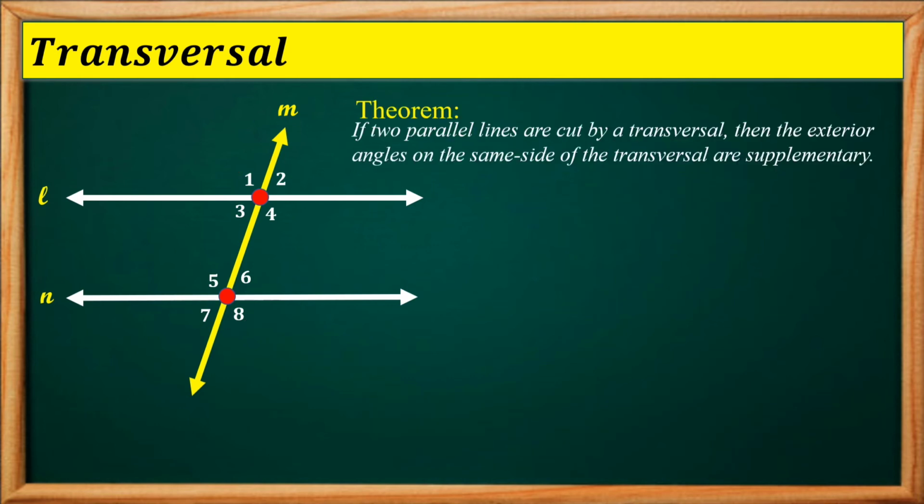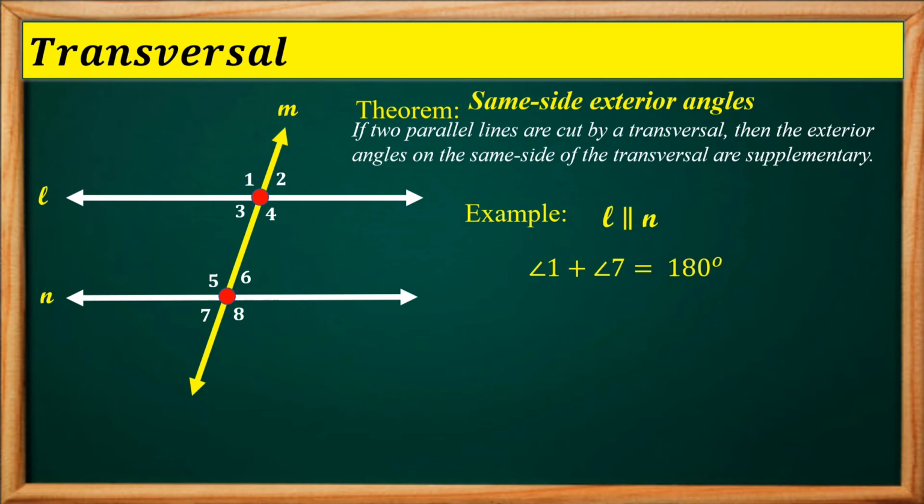For example, angle 1 plus angle 7 is equal to 180 because angle 1 and angle 7 are same side exterior angles. And angle 2 and angle 8 are same side exterior angles, therefore the sum of their angles is 180 degrees.